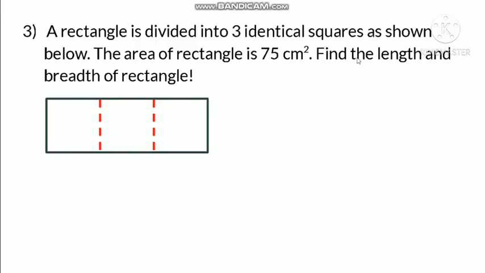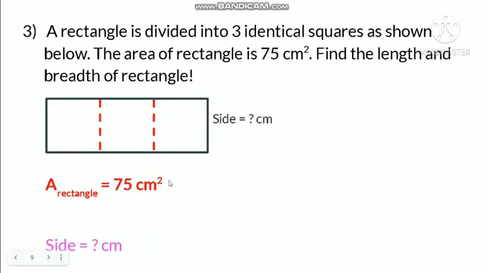The problem asks you to find the length and the breadth of the rectangle. Alright, we know that the area of rectangle is 75 square centimeters. We need to find out how long is the side of each square because we need to calculate the length and the breadth of the rectangle, right?